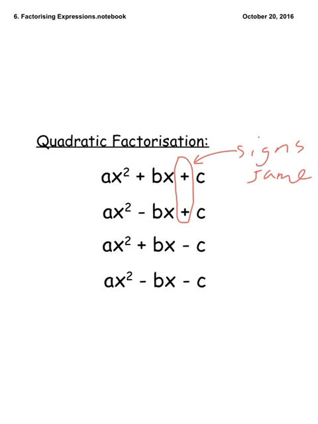Right? The two signs in the middle of your x and your numbers are going to be the same. This sign here tells you that they're both going to be plus. Okay, in this variation, they're both going to be minus. The minus in the second position tells you that your signs are different.